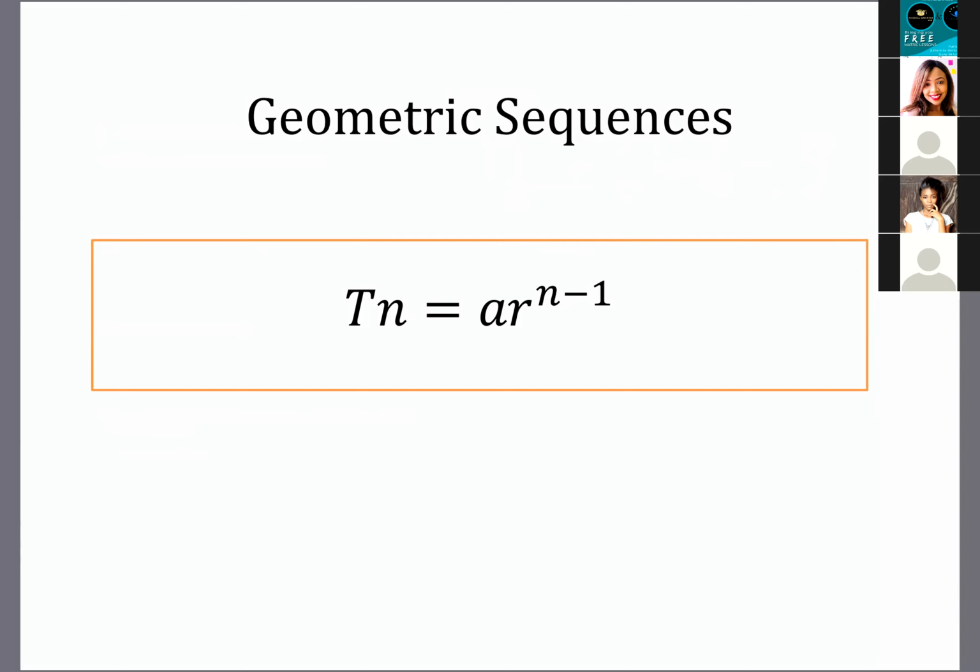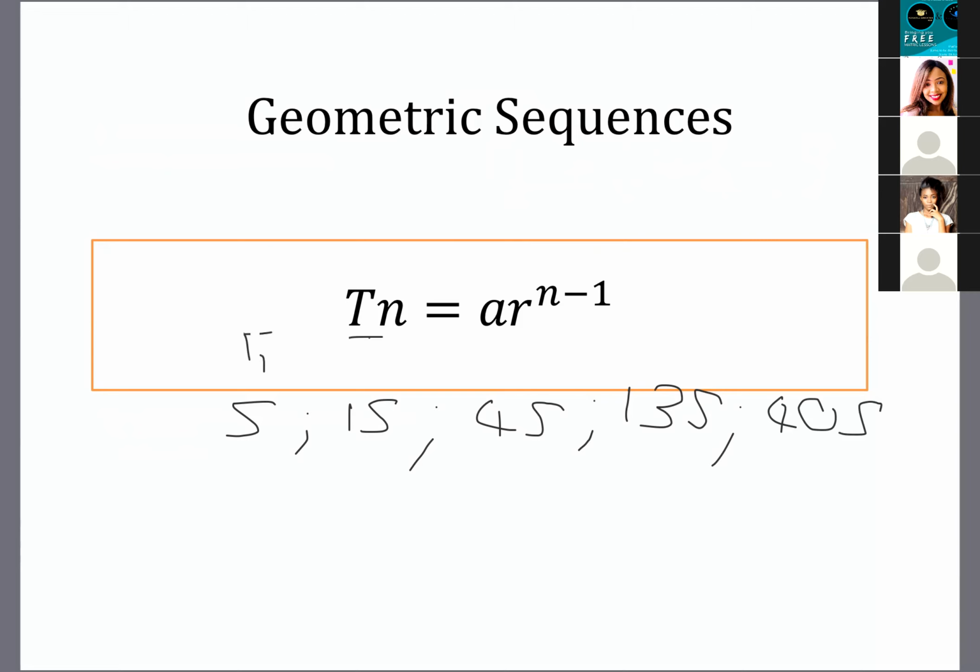Now, what we mean by common ratio is, for example, if I have a sequence that looks like this: 5, 15, 45, 135, and 405. This is my T1, T2, T3, T4, and T5.